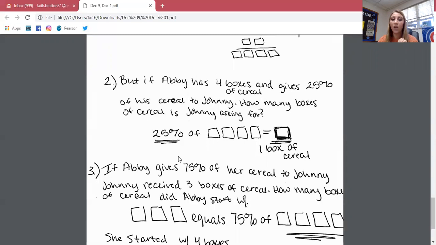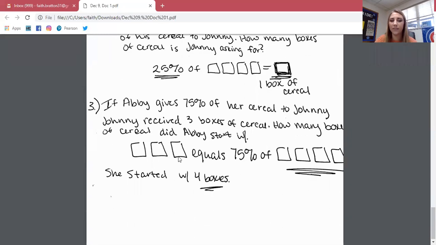So we have 4 boxes of cereal. If you take 1 away, how much is that? 25%. If you took 2, it'd be 50, 3 is 75. Right now we're just asking for 1, so 1 of these would be 25%.